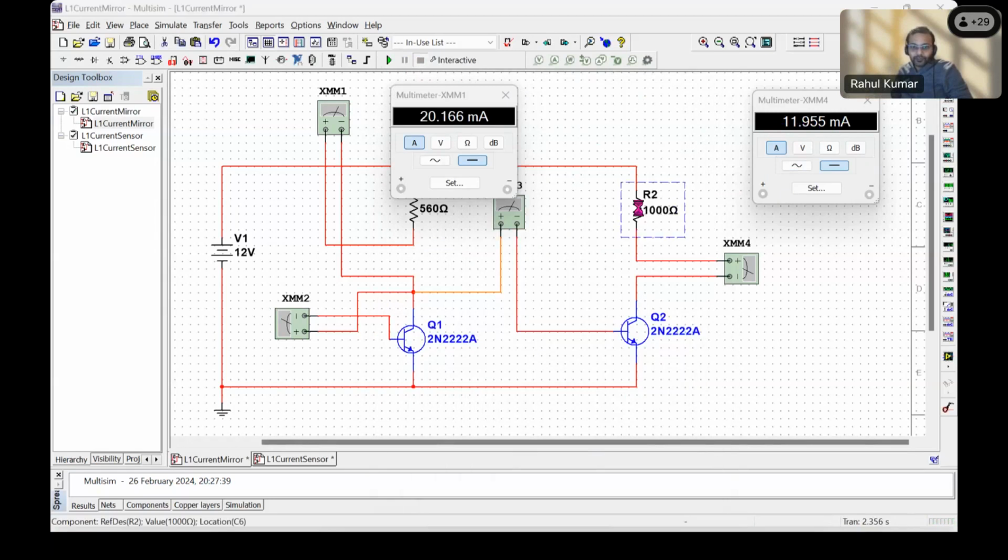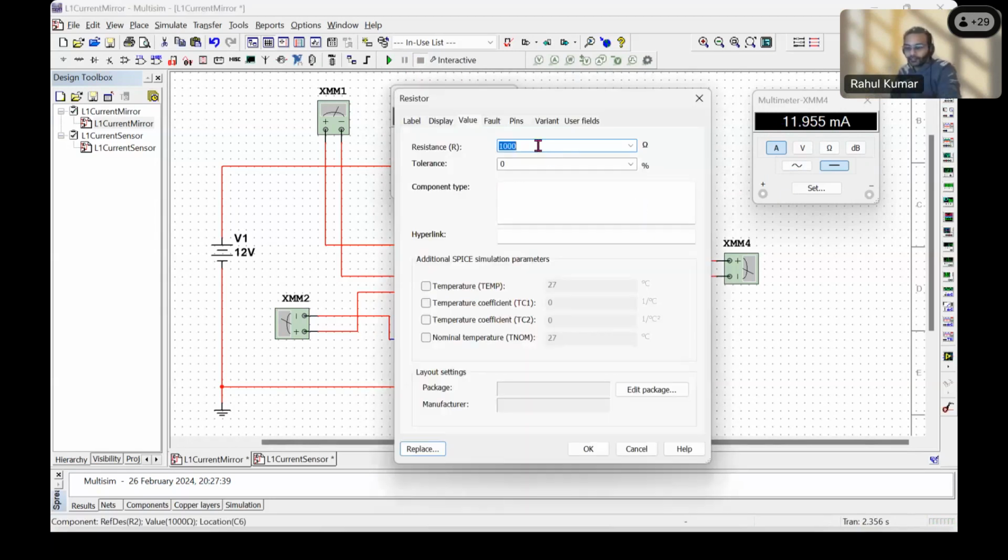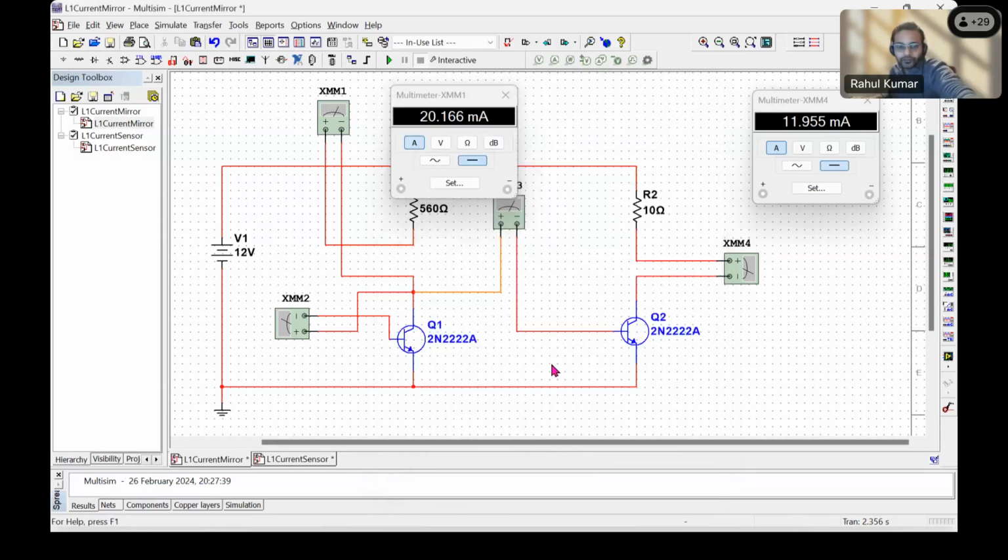So let's check for a smaller value. Let's decide the range, maybe 10 ohms. Let's see if it is 21.8 approximately.